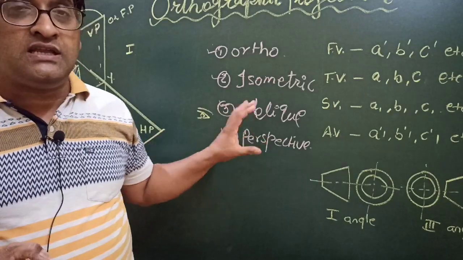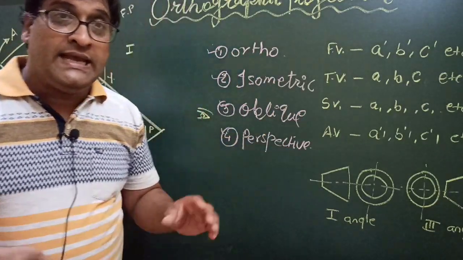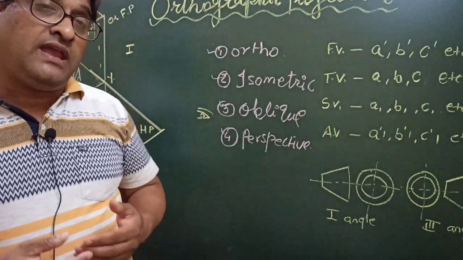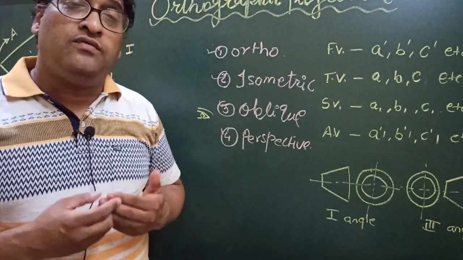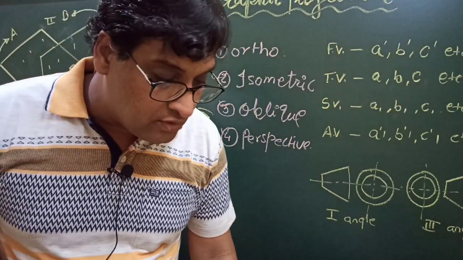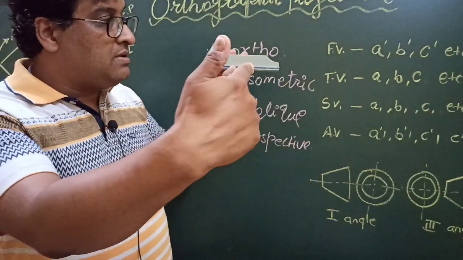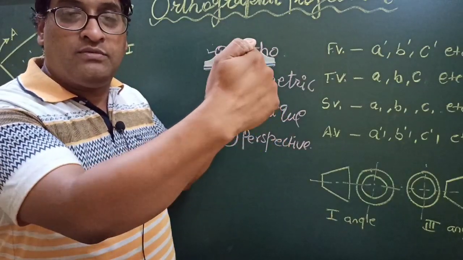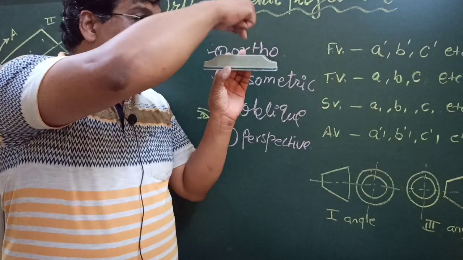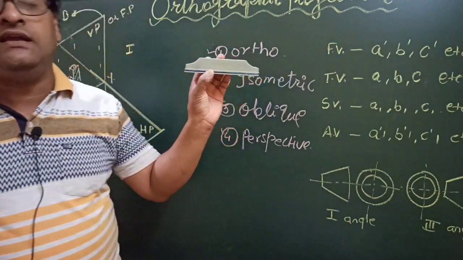But in case of orthographic projection, it is a multi-view projection, means we have to represent the object with multiple views. Those multiple views are according to the viewing angles. Say for example, if somebody is looking from the front side of this object and drawing, then it is front view. When it is seen from the top, it is top view. When it is seen from the side, it is side view.